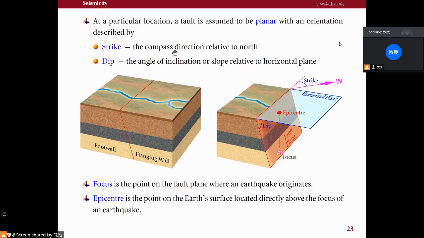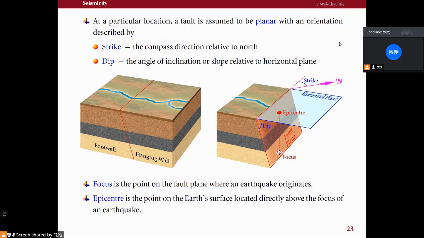Strike is the compass direction relative to the north, this angle. Dip is the angle of inclination or slope relative to the horizontal plane. This angle. Focus is the point on the fault plane where an earthquake originates.